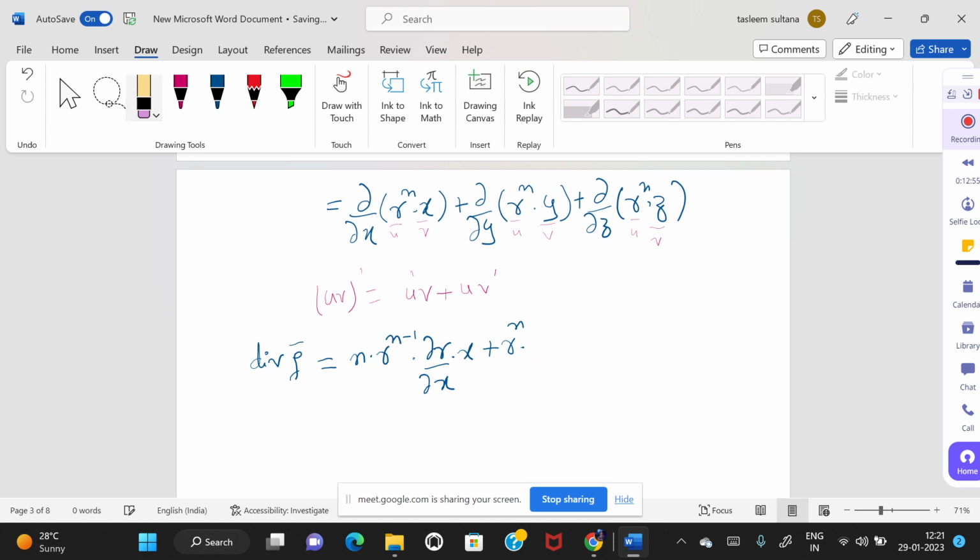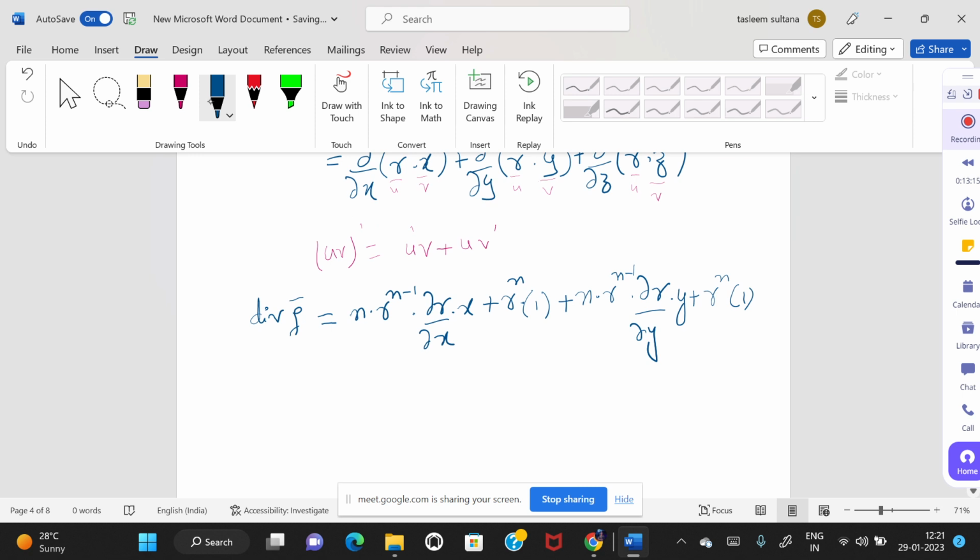Then plus n into r to the power of n minus 1 into dou r by dou y into y, plus r to the power of n into 1. Now with respect to z, plus n into r to the power of n minus 1 into dou r by dou z into z, plus r to the power of n into 1.